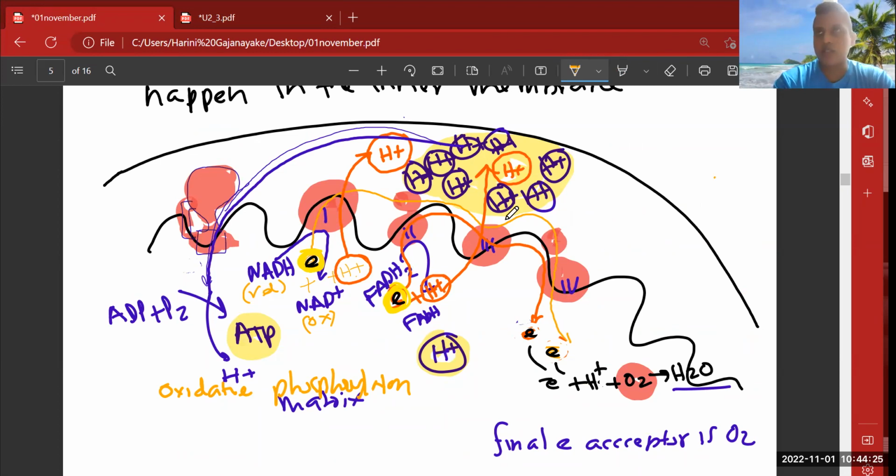Sunlight is used, so we call it photophosphorylation. Here we call it oxidative phosphorylation because oxygen is involved, and it's a series of reactions like this. For better understanding, we need to learn a little bit more than the resource book, only for understanding purposes.